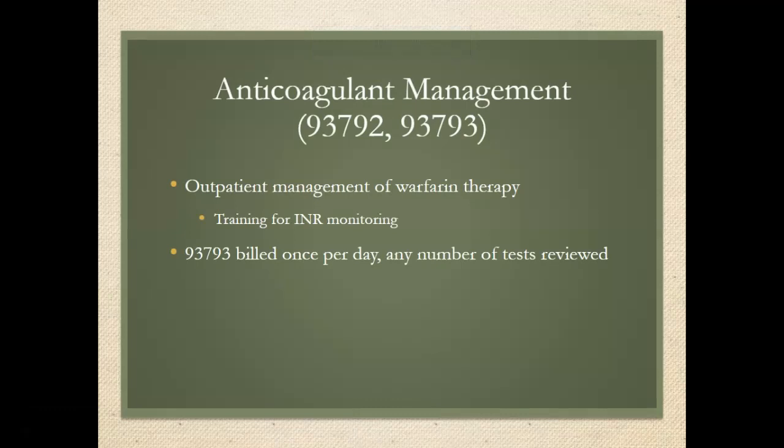Anticoagulants are warfarin and Coumadin. The notes in the subheading are a must read to know how to properly report these codes. We've got outpatient management of warfarin therapy, training for INR monitoring. 93793 is billed once per day, any number of tests reviewed.